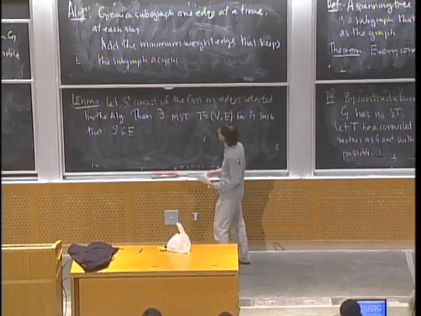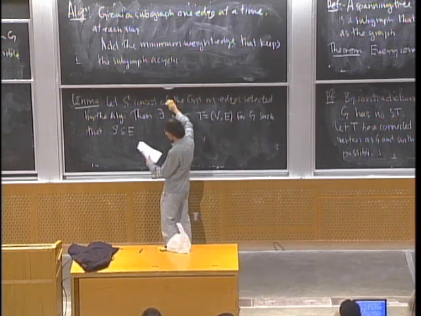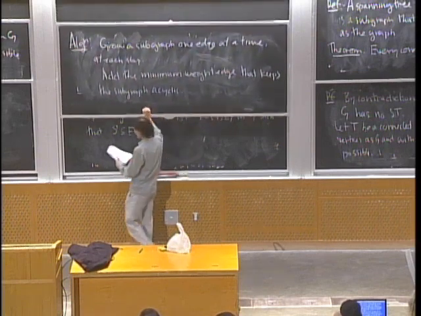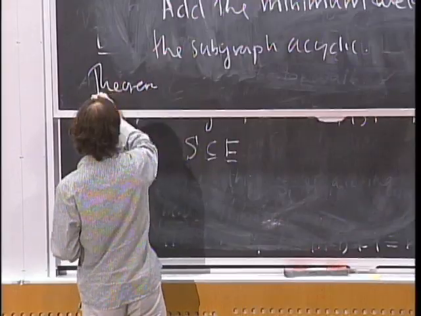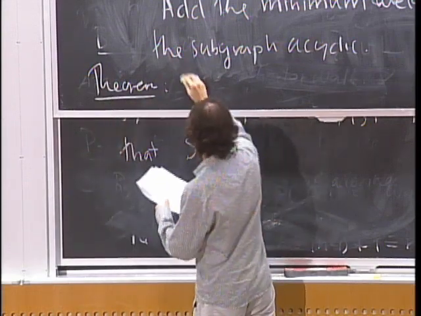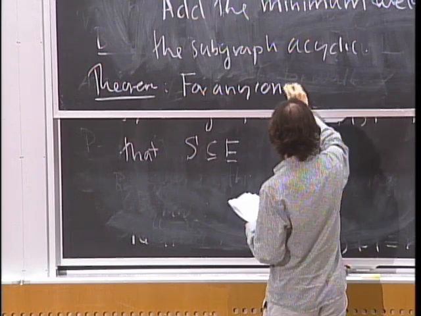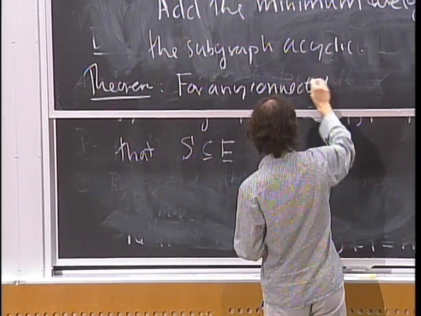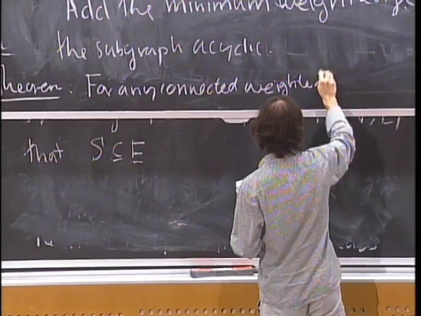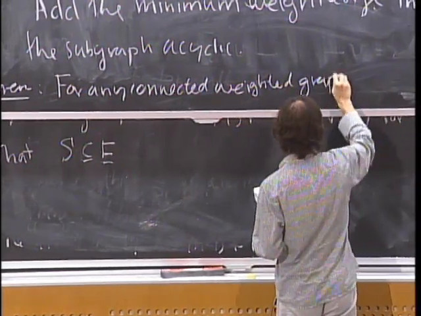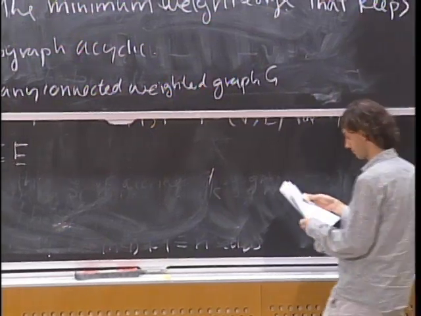Actually, where is the theorem? I did not write down the theorem so far. So let me put it over here. So the theorem that we want to show is that for any connected weighted graph G, the algorithm creates a minimum spanning tree.